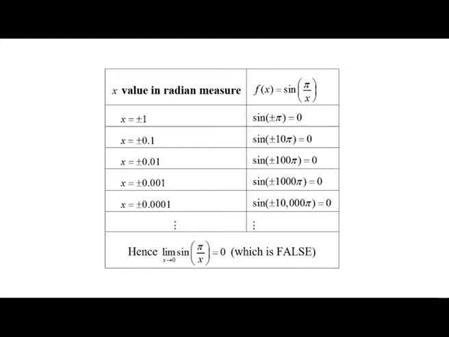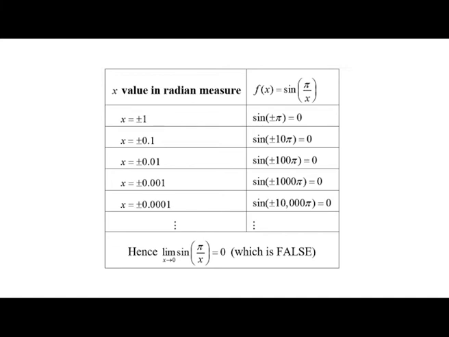That is, the limit of sin(π/x) as x approaches 0 does not exist. This shows that the conclusion from the numerical table is false. The data in the table deceived us because the sample x values selected all happen to be x-intercepts for f(x).